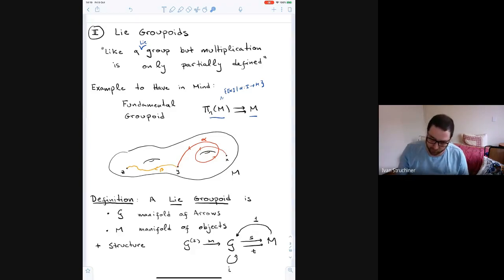And then you get a new path, which is concatenation, alpha star beta, which does alpha in twice the speed and then beta in twice the speed.